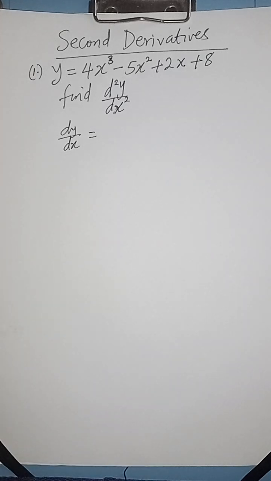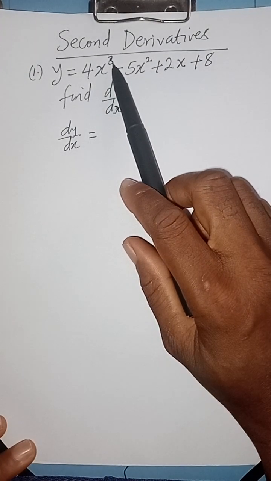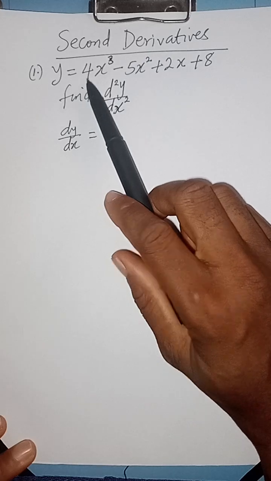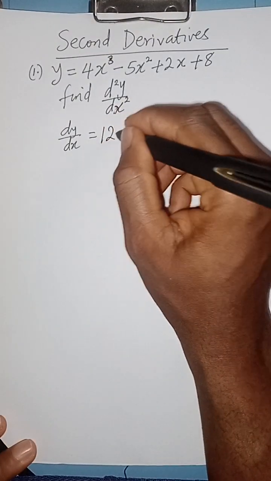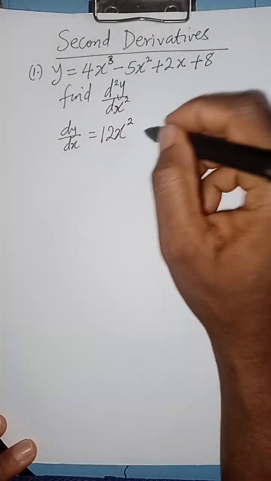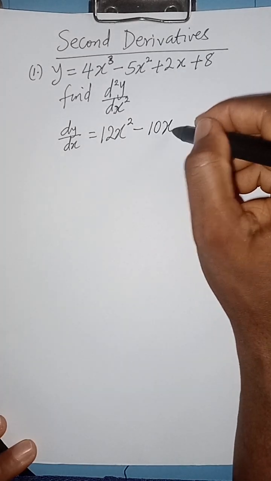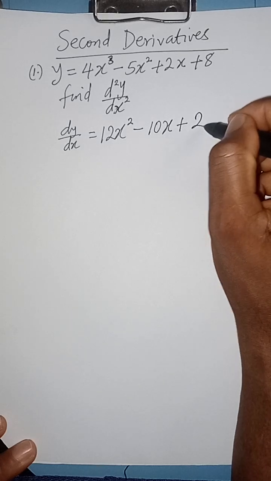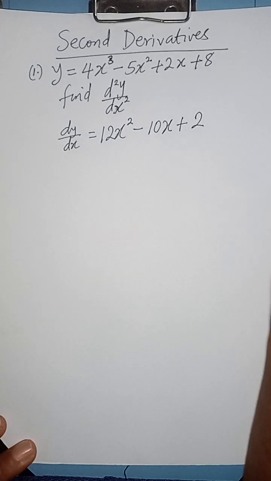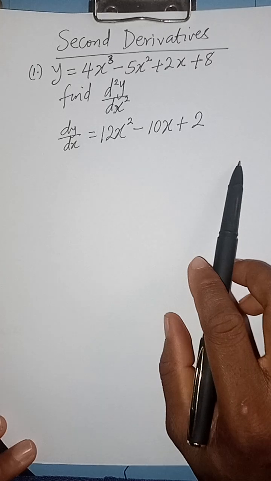We'll have 4x cubed minus 5x squared plus 2x plus 8. If I differentiate, this will be 3 times 4, that's 12, x raised to power 2, minus 2 times 5, 10x, plus, if you differentiate 2x it is 2, differentiate a constant it is 0.